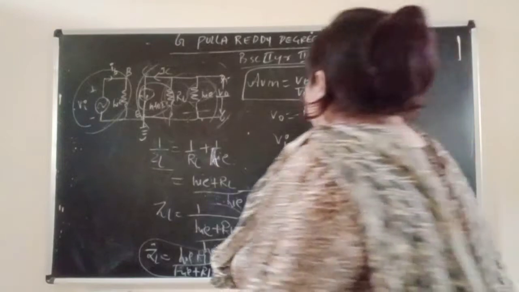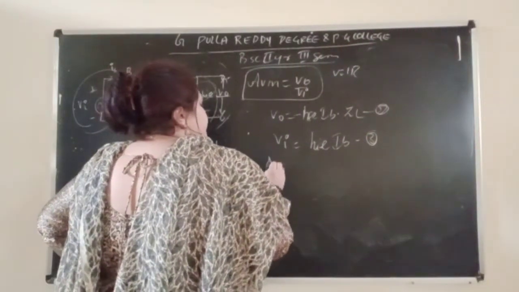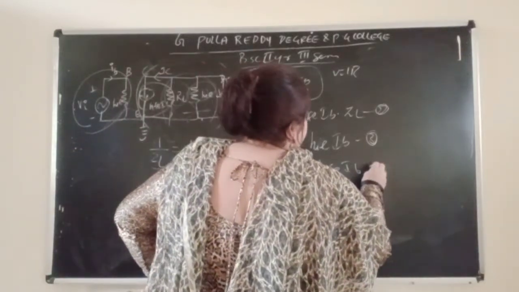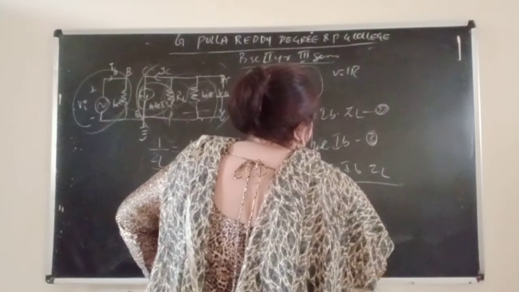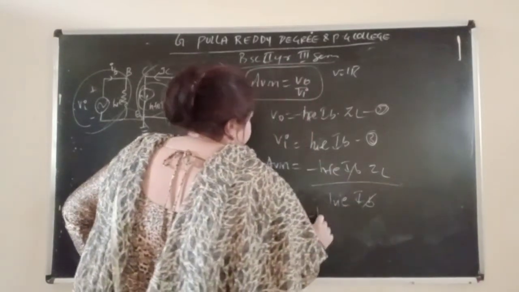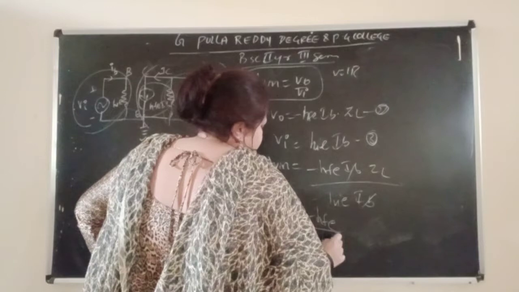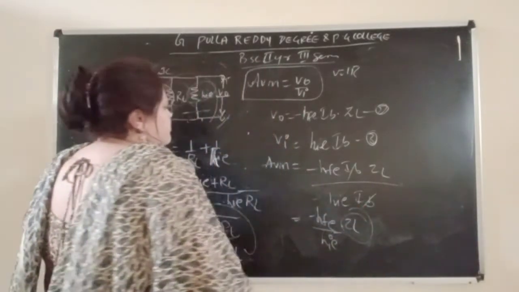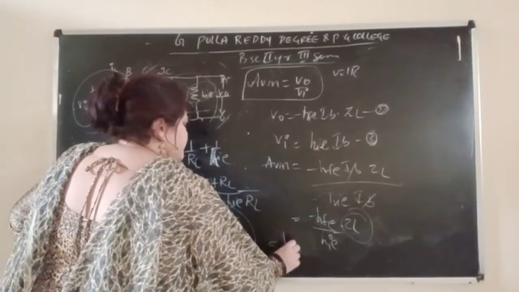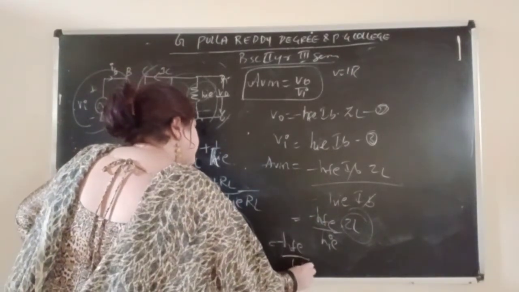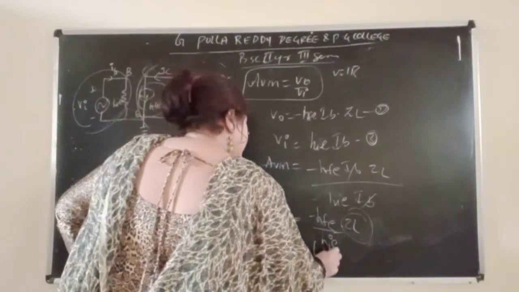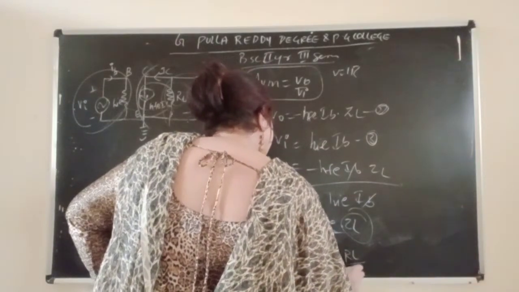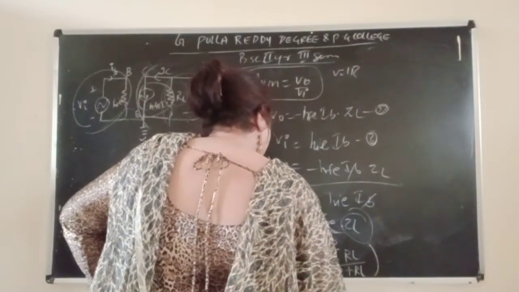Then substitute these two values. What will you get? AVM is equal to minus HFE IB into ZL by HIE IB. IB cancels, giving minus HFE into ZL by HIE. Then substituting the ZL value, HIE cancels.